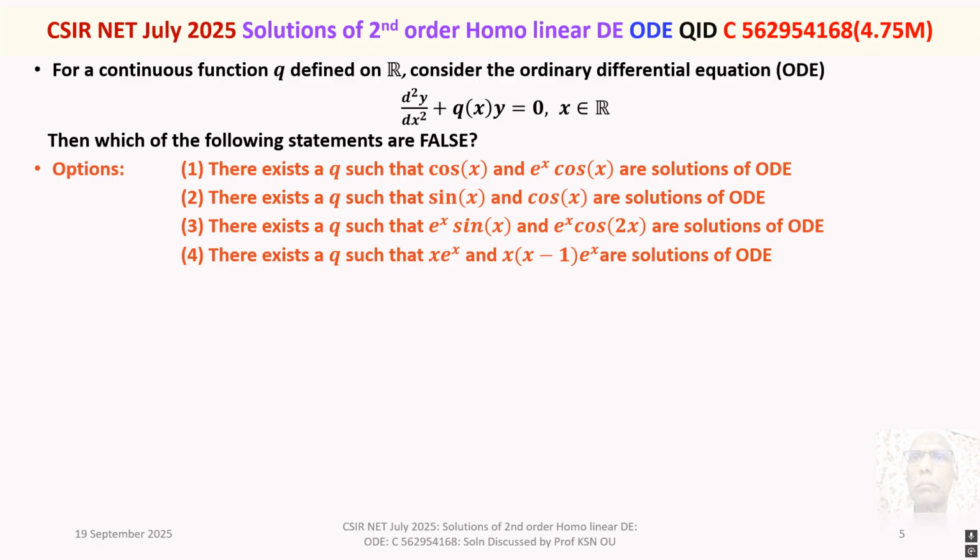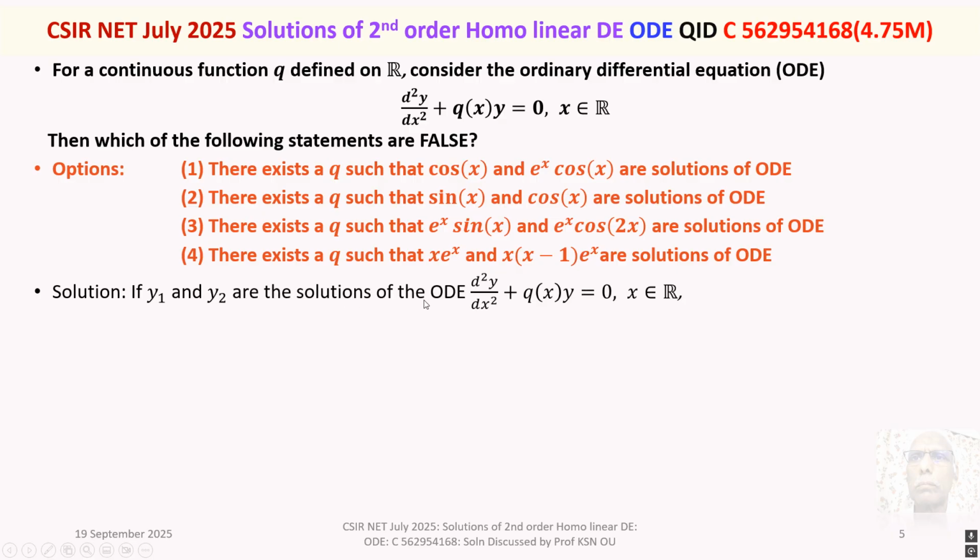Right. Let's now discuss the solution of the problem in detail. Now, if y1 and y2 are the solutions of the given ODE, d square y by dx square plus q of x into y is equal to 0, x belongs to R, where q of x is a continuous function, then y1 double prime plus q of x into y1 is equal to 0.